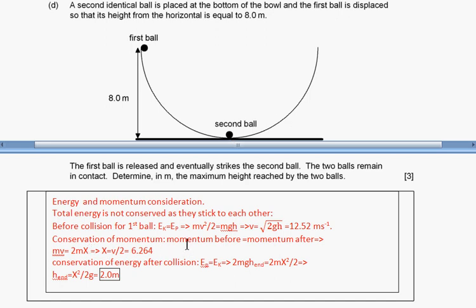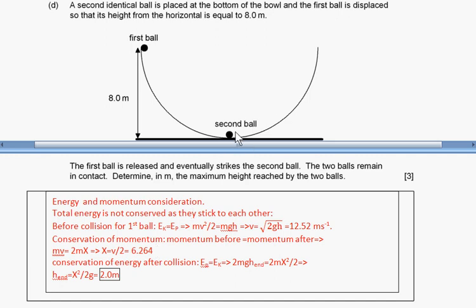Conservation of momentum: momentum before equals momentum after. It means that mv before equals 2m, two masses moving together with unknown velocity x. So this velocity appears to be v over 2 according to this equation, and we find the value, with 4 significant figures.